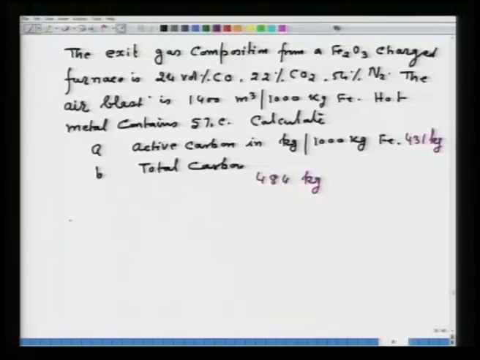on blast furnace iron making and its representation on the diagram. For the details, if you want to go, you can consult the book of Davenport et al. on blast furnace iron making.